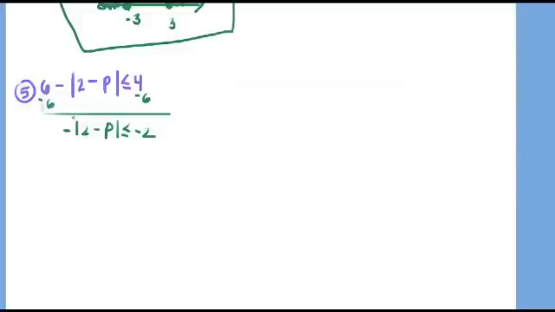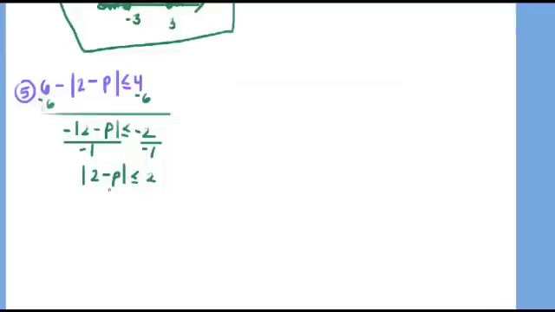My second problem now is that I have this negative right here in front of the absolute value, and I cannot have a negative there either. It has to just be a straight absolute value, not negative. So to get rid of that, what I can do is divide both sides by -1. And so those negatives are gone, and so what I have now left is the absolute value of 2 minus p is less than or equal to +2.